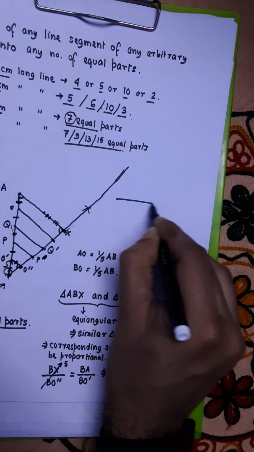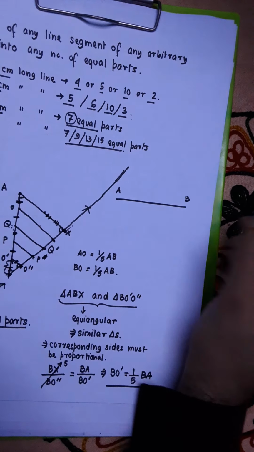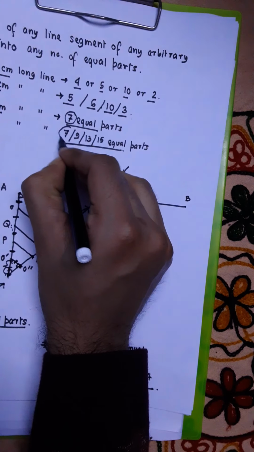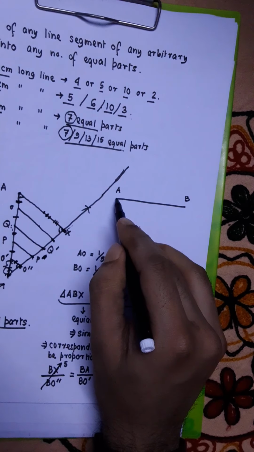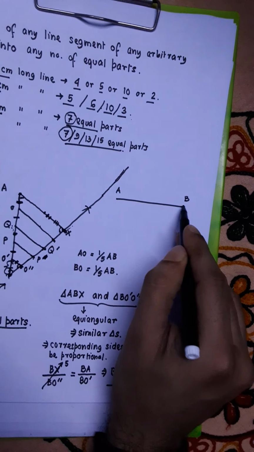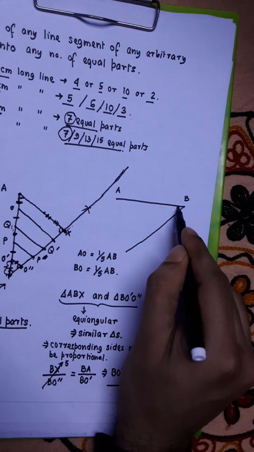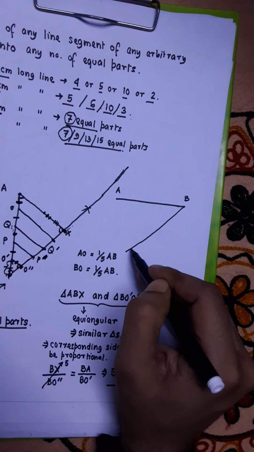Suppose you have this line, the two ends are A and B. It is of any arbitrary length. You have to divide it into say 7 equal parts. So what is the first step that you have to do? From any one of the two ends, either from this end or from this end, you draw another line at any acute angle. Now this new line, you can choose its length yourself.